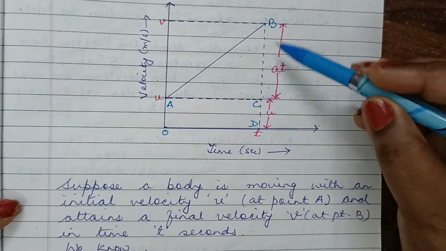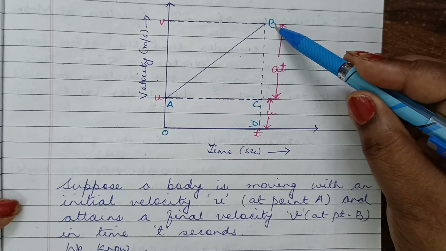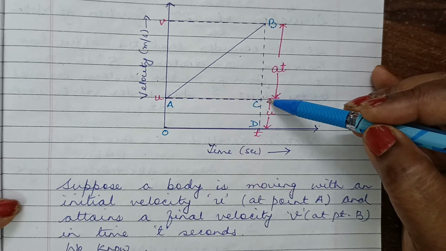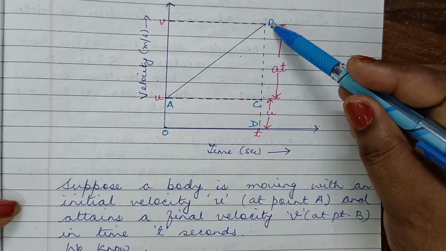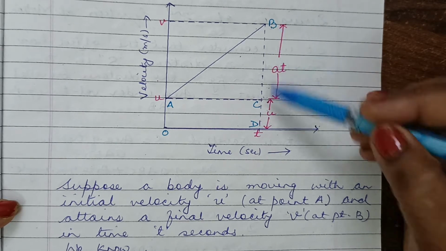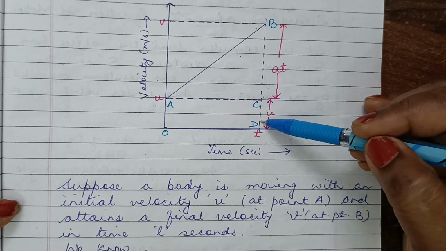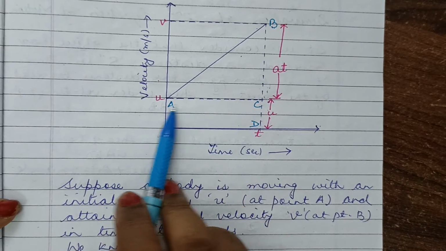Because it is the initial velocity, it is the final velocity, means final velocity minus initial velocity. So it will be DB minus DC, isn't it? DB final minus DC. This is the final velocity and this is the initial velocity. So DB minus DC divided by time taken, that is AC.